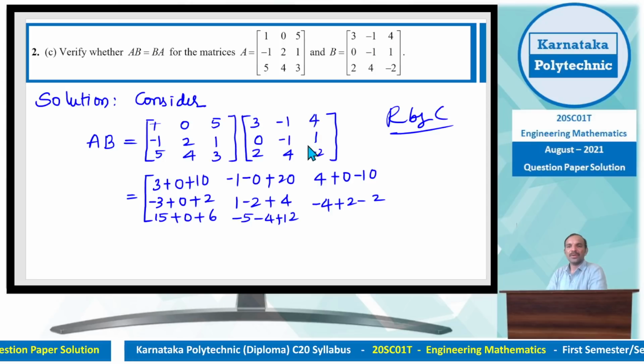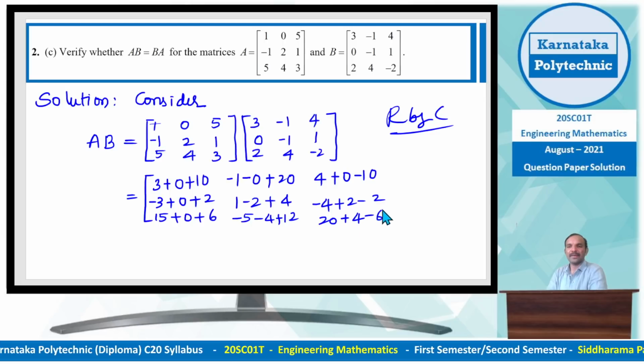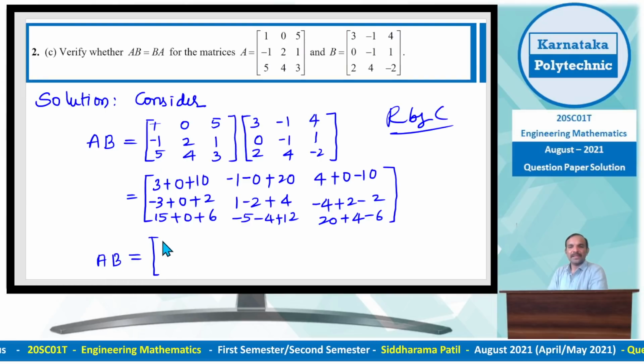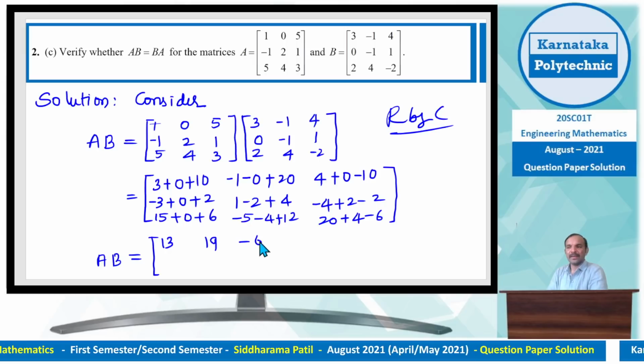Next, third row third column: 24, minus 6. Now AB equals 3 plus 10, 13; 20 minus 1, 19; 4 minus 6.